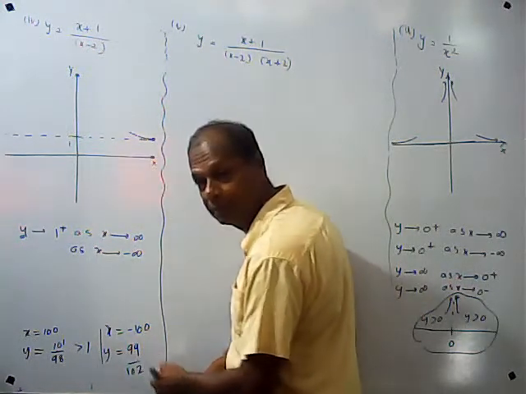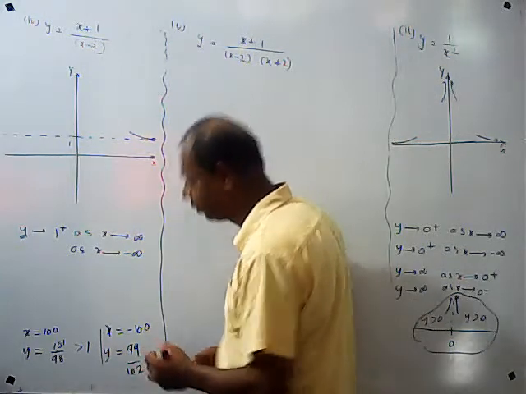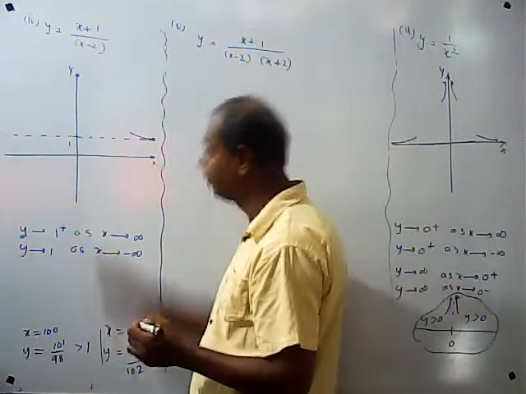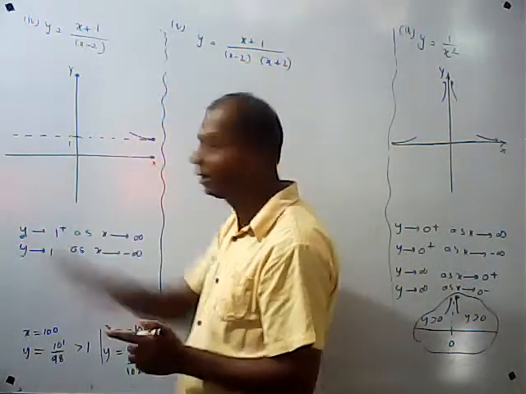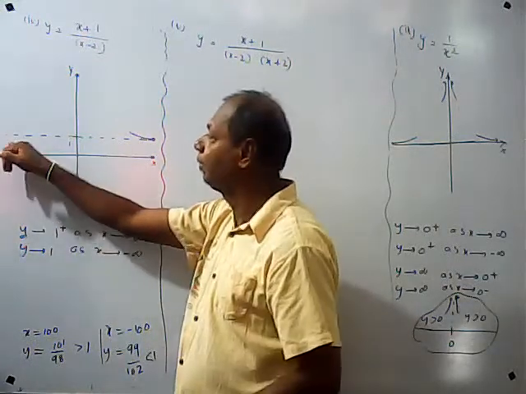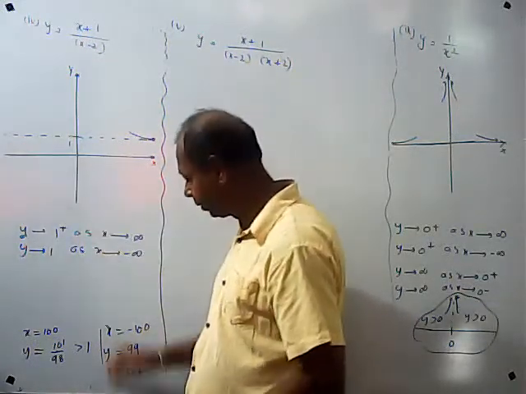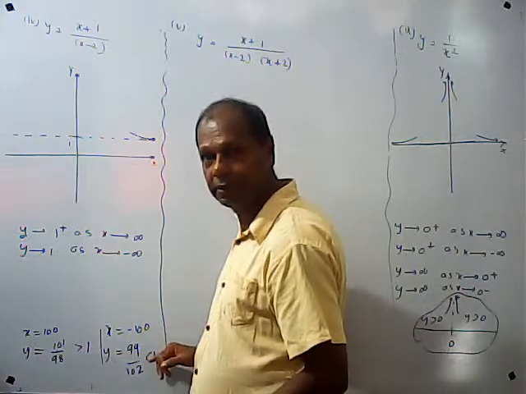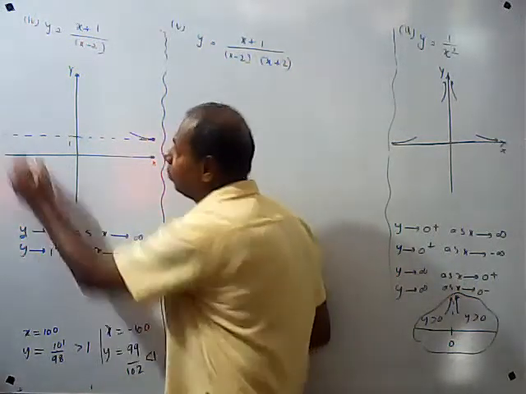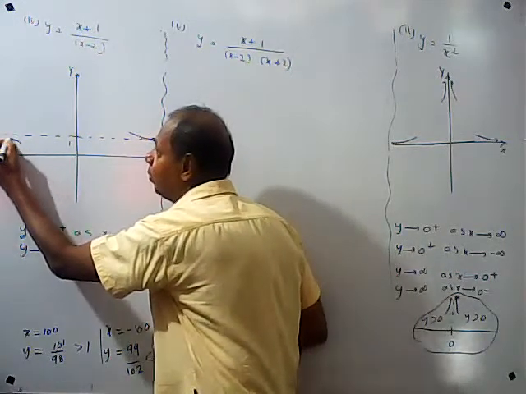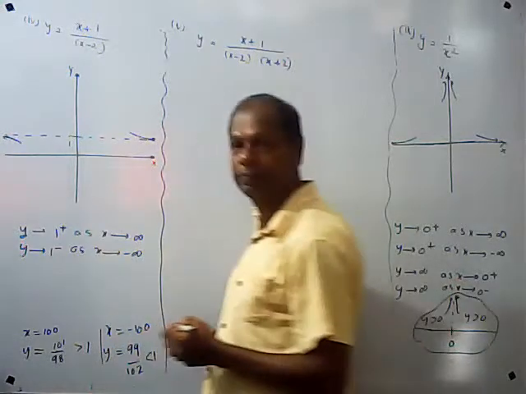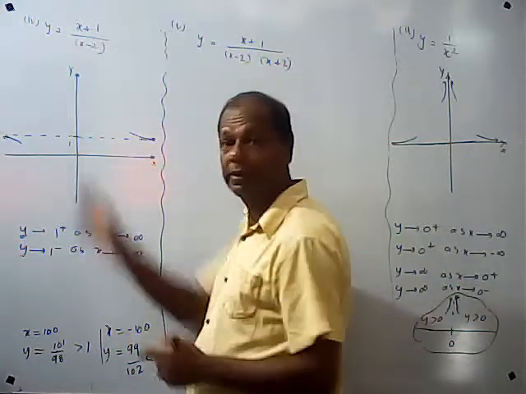This time it is less than 1. So we know that y goes to 1, but as x is very big on the negative side, the y values are less than 1. So we conclude that it goes to 1 from below on the negative side.